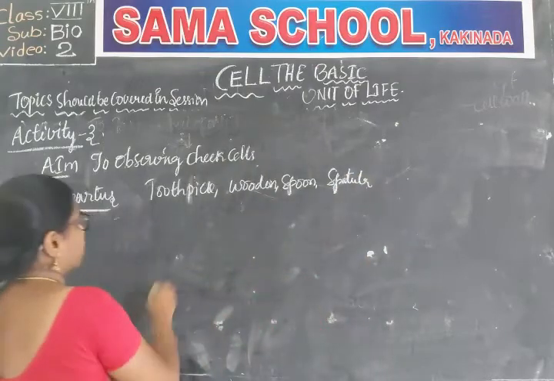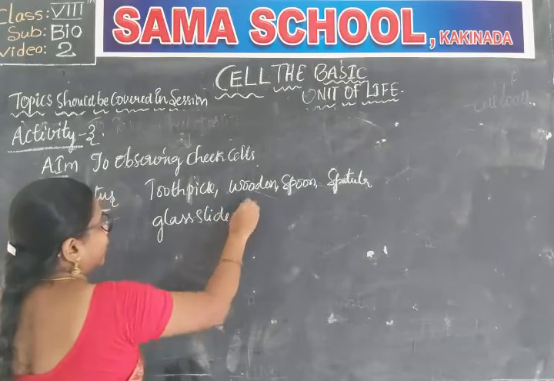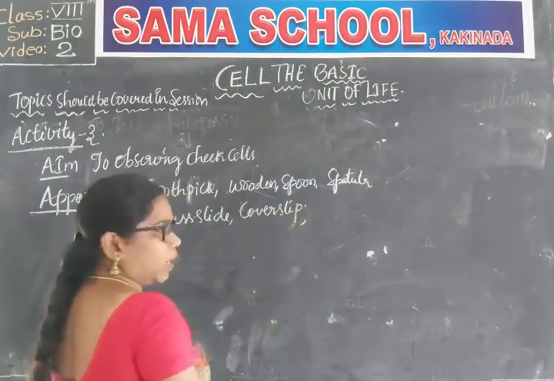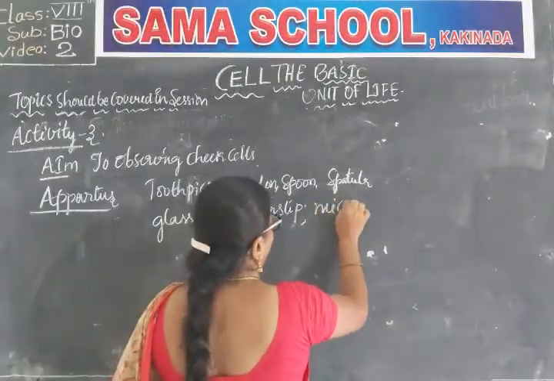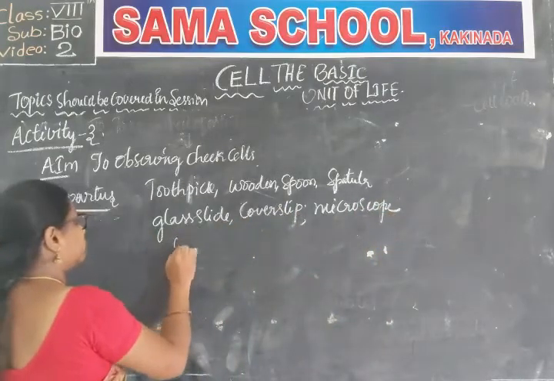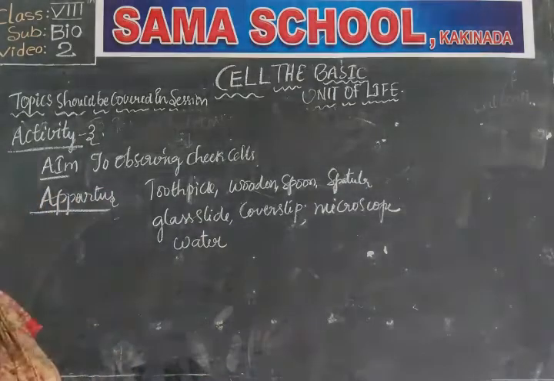Any of these three we can use. We need a glass slide, a cover slip, a microscope, and a drop of water. So these are the things we need.